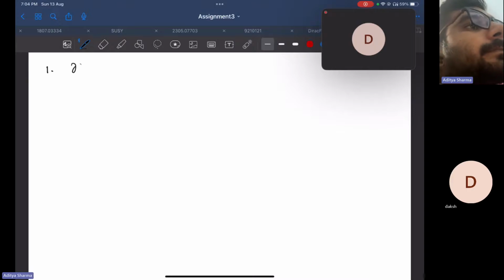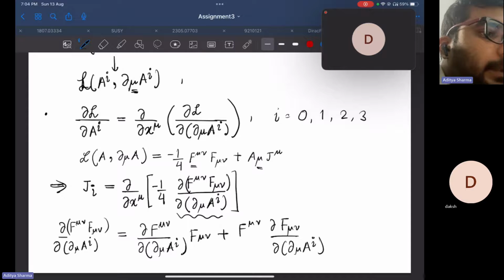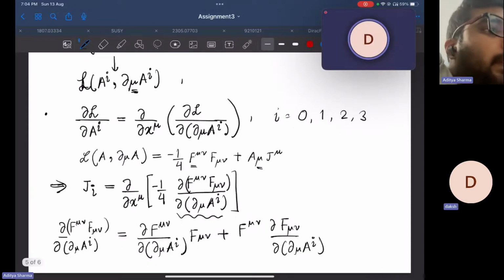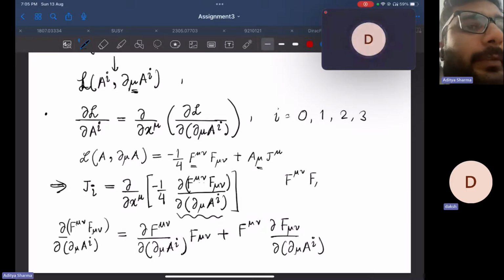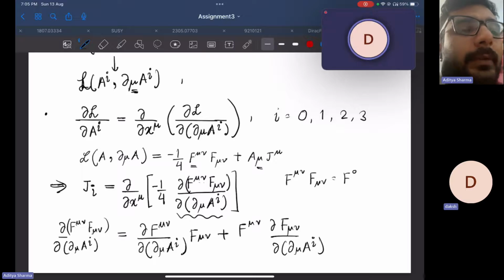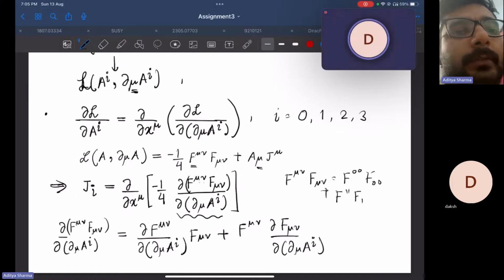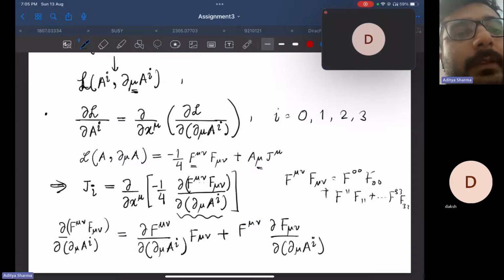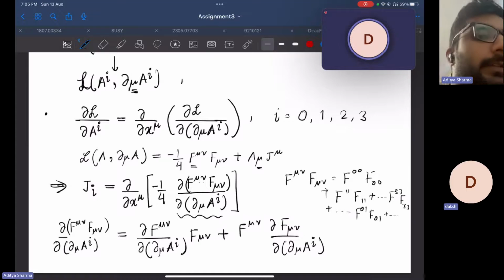So see, this is being summed over, right? F_mu nu F^mu nu means F00 F00 plus F11 F11, like this till F33, plus all the other components, F01 F01, whatever it is.